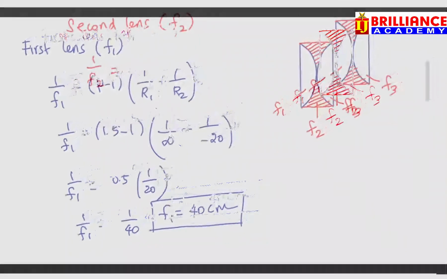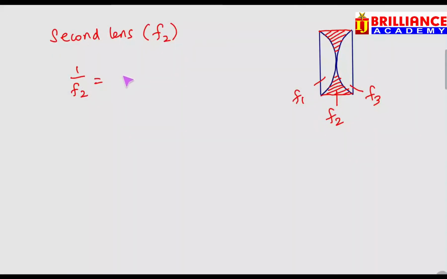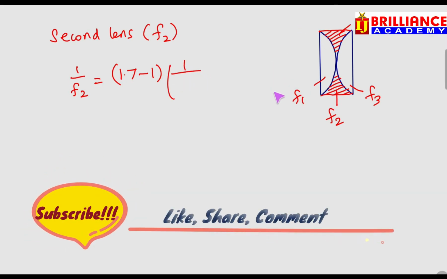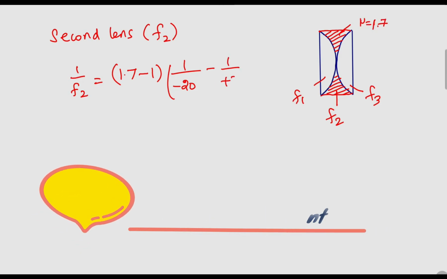Now I will find the second lens. So 1 by f2 is equal to mu minus 1. Here mu is 1.7 for the concave portion. So 1.7 minus 1 into 1 by r1. The first radius of curvature will be negative because it falls on this side, so minus 20, minus 1 by r2, that is plus.